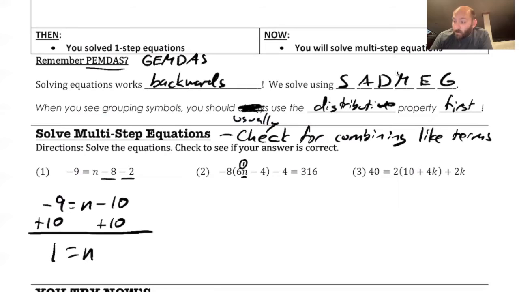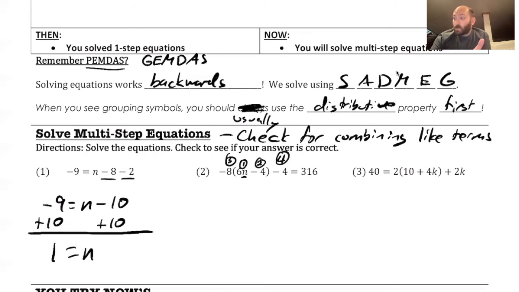After the multiplication would come the subtraction because that's inside parentheses. So that's my second operation. My third operation would be this -8 being multiplied by that. We have -8 in front. Finally, a subtraction by 4 is my last operation. So this equation, if I plugged in a number for n, would go through 4 steps. It would multiply, subtract, multiply, subtract.